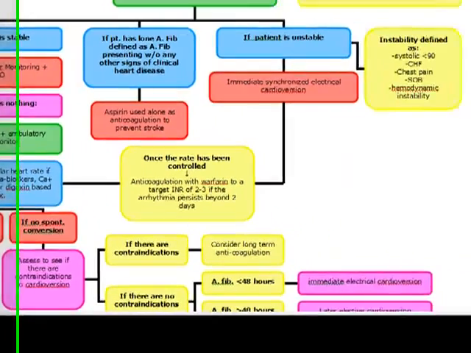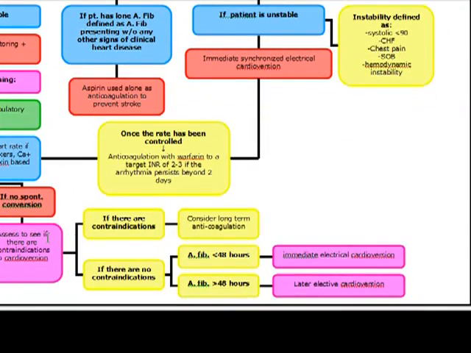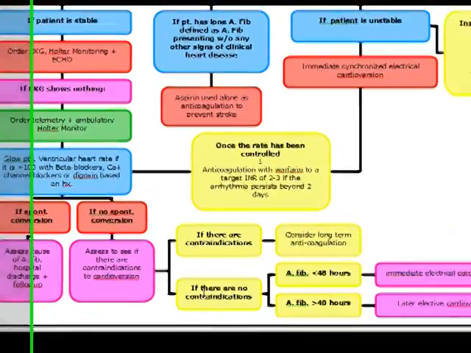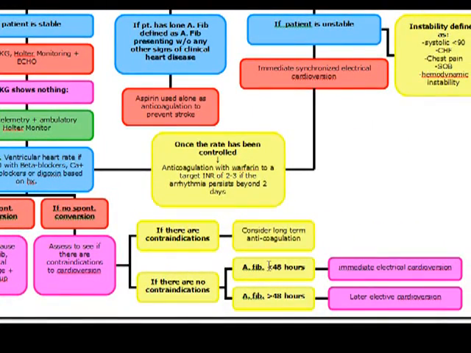But if we've given these drugs and they're still over 100, we want to first assess to see if there's any type of contraindications to cardioversion before we go and cardiovert them immediately. And if there's no spontaneous conversion and they're stable and they're still over 100, if there's no contraindications and there's AFib less than 48 hours, we're going to do immediate electrical cardioversion.